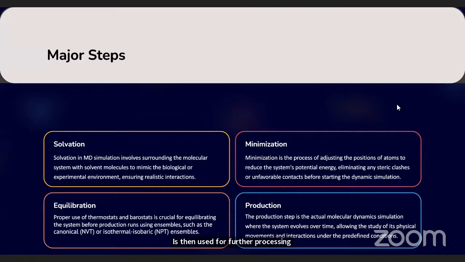In the next step, which is equilibration, the state of the environment of the simulation system is defined. There are different ensembles we can use, like here we have given two examples, NVT and NPT. These basically define the state of the system.